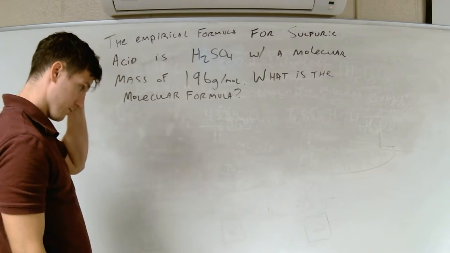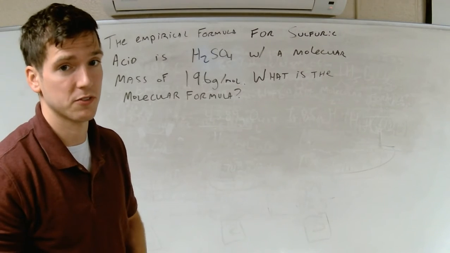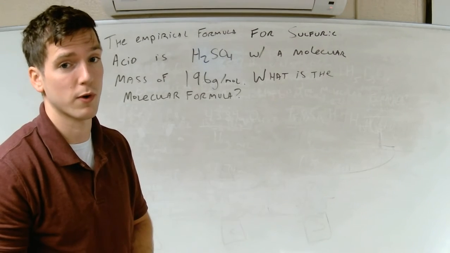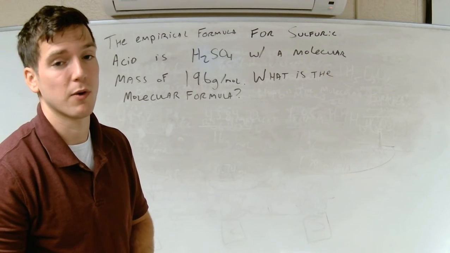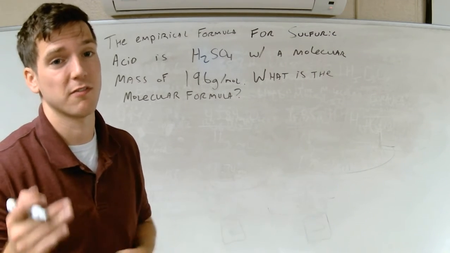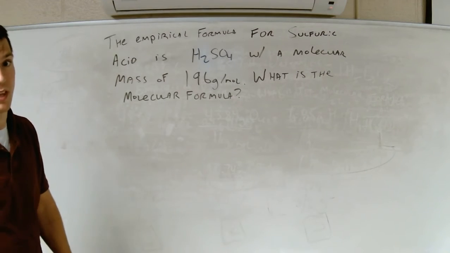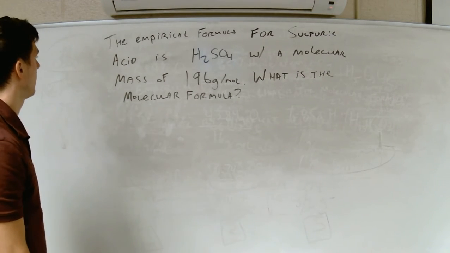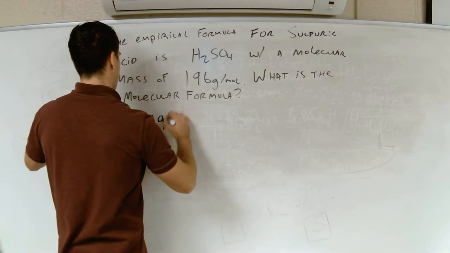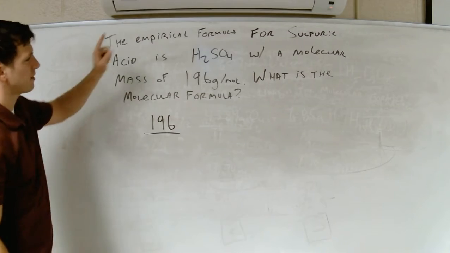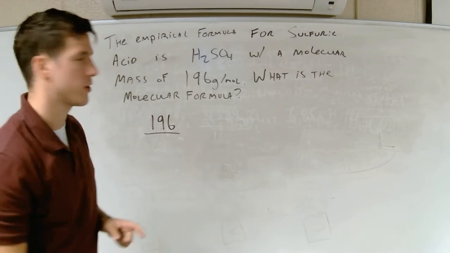So here we don't have to find the empirical formula. They already gave it to us. They gave us H2SO4. So now what we're doing is just trying to figure out that molecular formula. To figure that out, we take molecular mass divided by empirical formula molar mass. Molecular mass they'll always give you, it's 196, divided by the molar mass of our empirical formula, which is H2SO4.